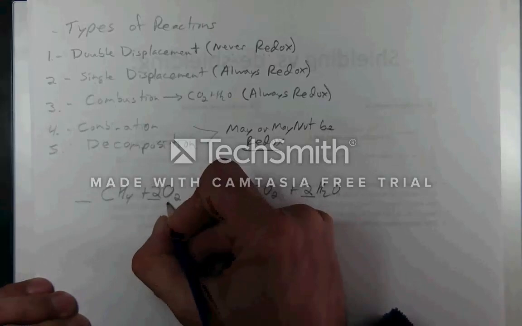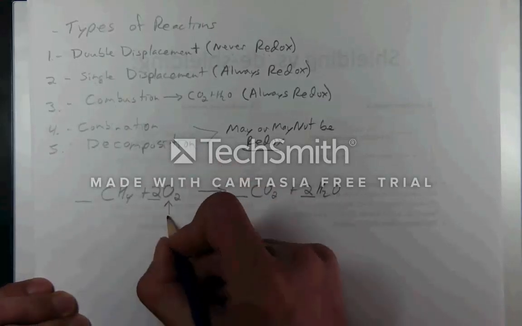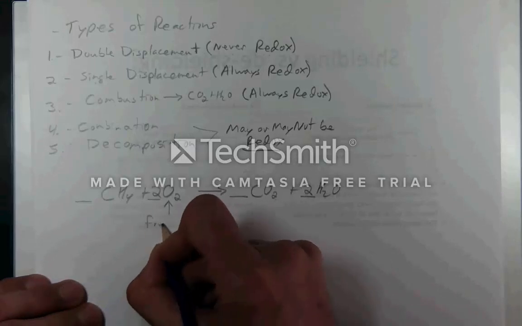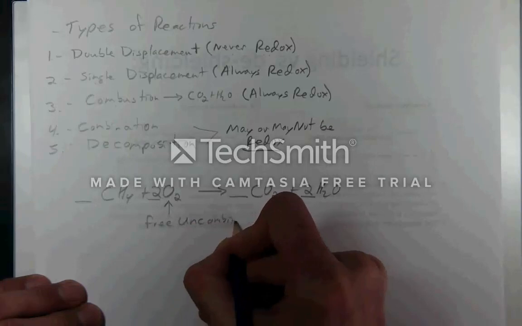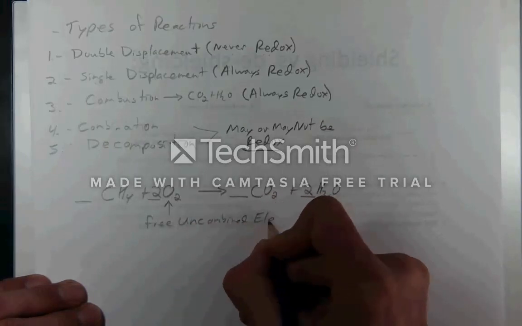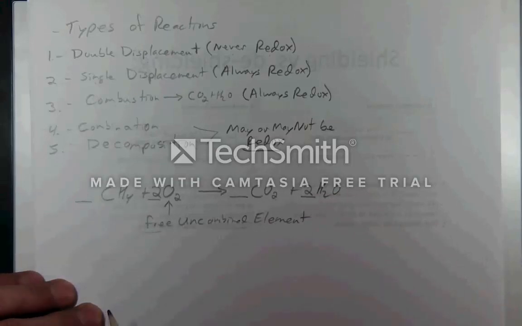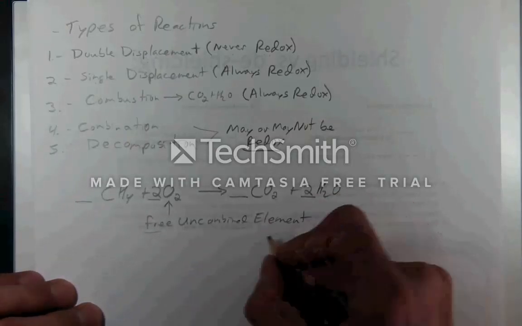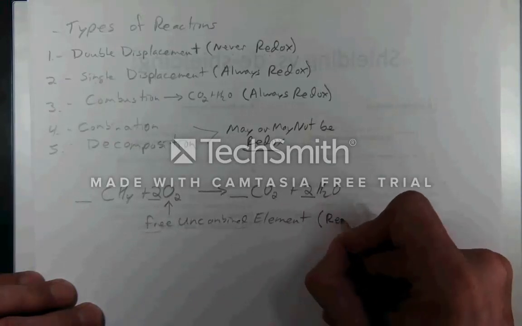One way you can tell it is a redox reaction is it has a free uncombined element. Any reaction that has a free uncombined element, including the 7 diatomics, so I'll just make a little note here.